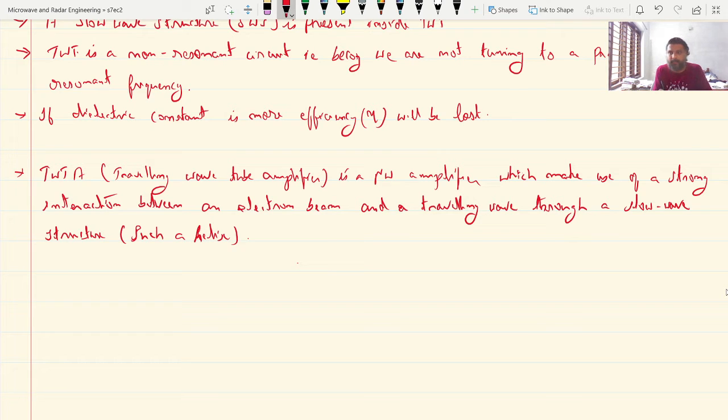There is a strong interaction between the electron beam and the traveling wave. So what happens then?